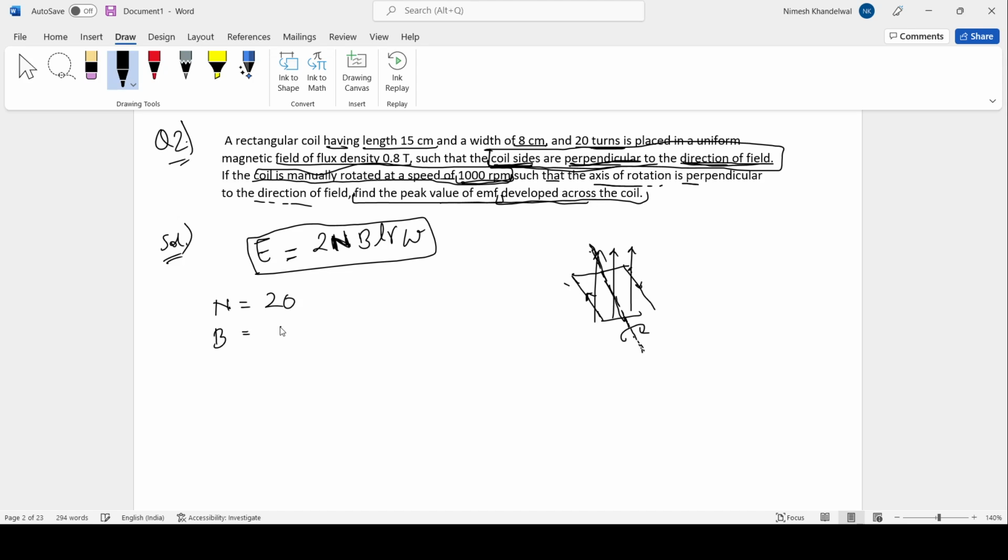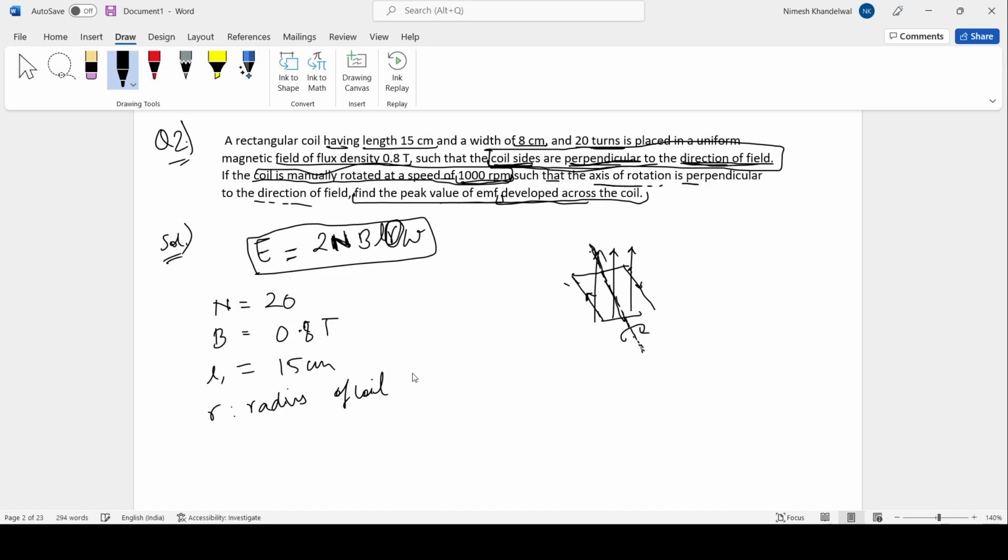The magnetic flux density is 0.8 Tesla, that is also given. And your L is 15 centimeter. And then we want R. But what is R? R is the radius of coil.